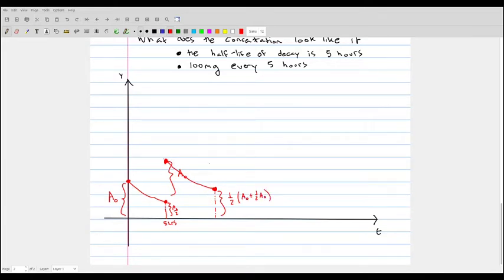And we have another dosage that happens at this time right here. So when the dosage happens at this time right here, you have to add to this another dosage. So it'll be 1, 2, 3.